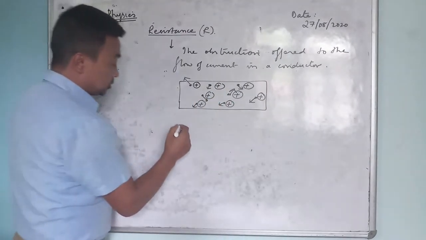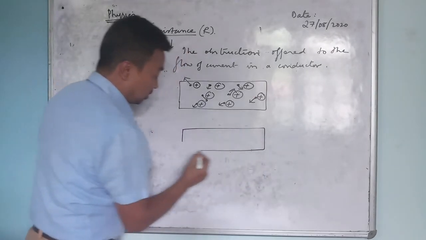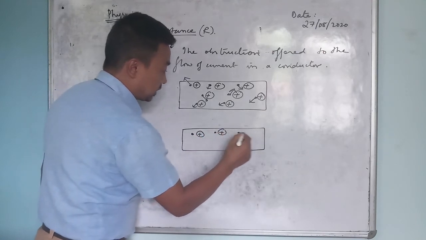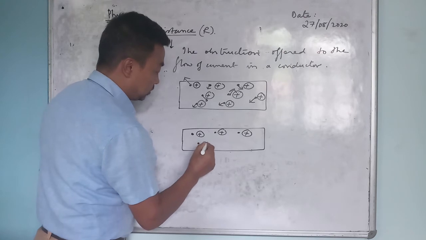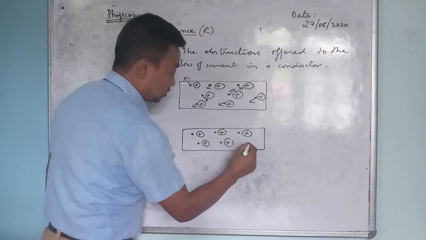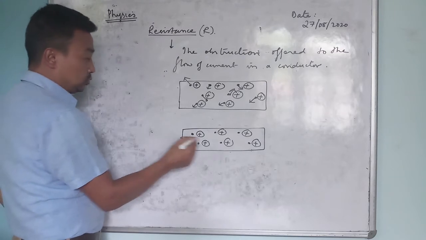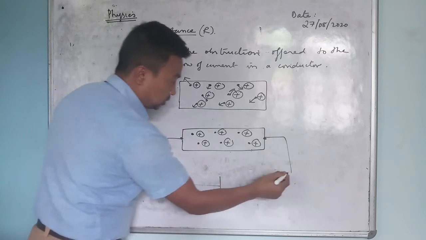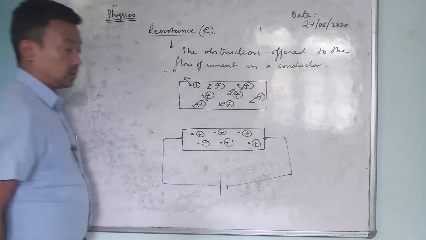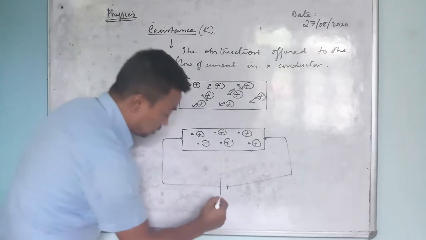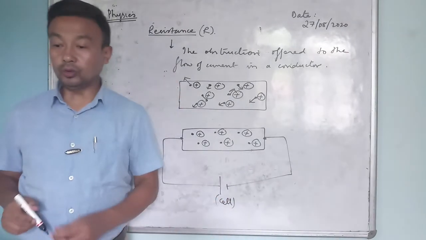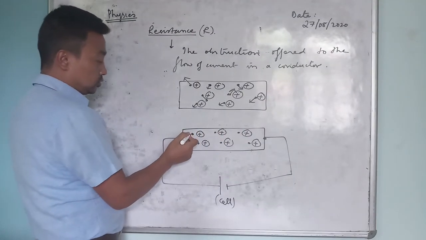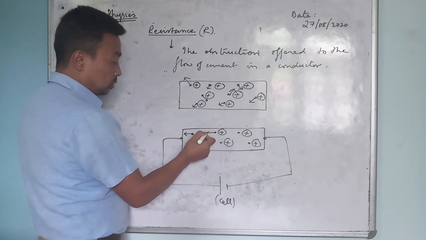But when these same electrons and positive ions, I am just showing you a few here, have the two ends connected to a source of current, let us say a battery, or a cell, then automatically these electrons will align in one direction.